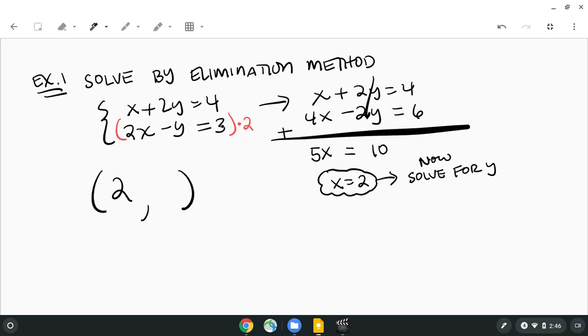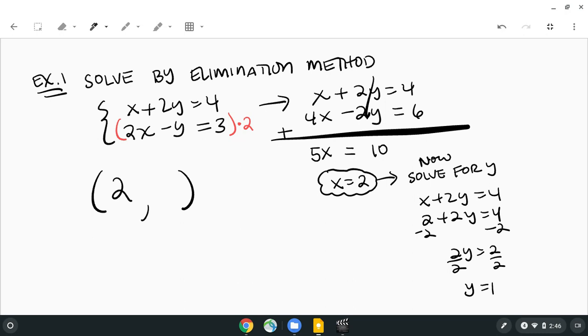So I will use the top one. x plus 2y equals 4. I'm going to substitute 2 for x. Subtract 2 on both sides. So 2y equals 2. Divide both sides by 2. So y equals 1. So we have (2, 1) as our solution.